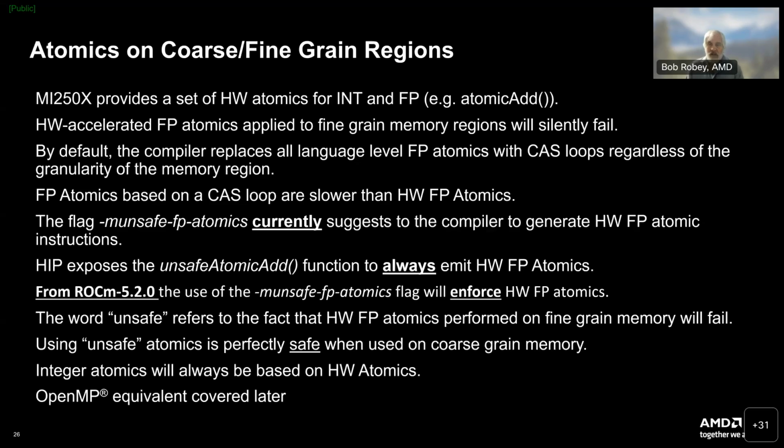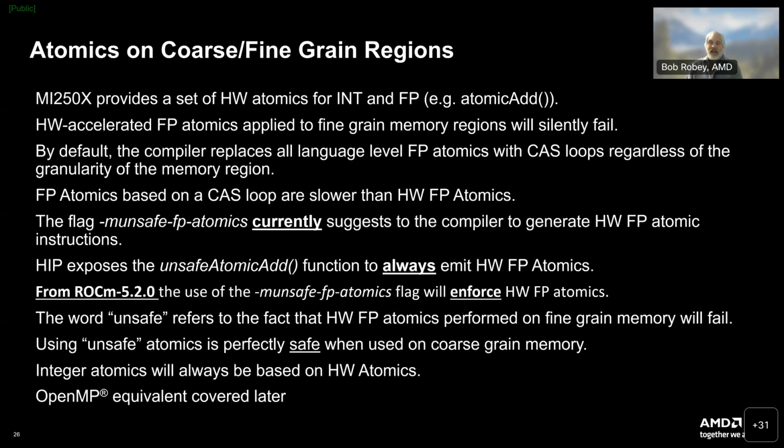We're not disabling the hardware atomics, we're just not having the compiler use them. Now, a compare and swap loop is slower than a hardware atomic, and so a flag was introduced.